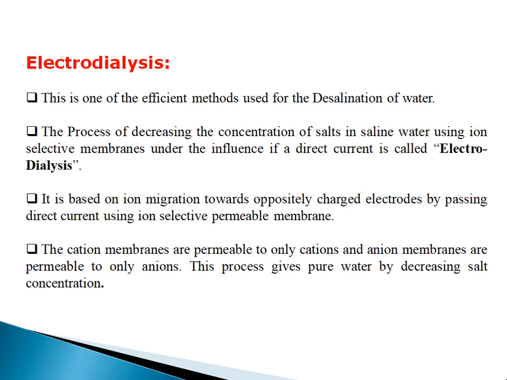This method is based on ion migration towards oppositely charged electrodes by passing direct current using ion selective permeable membranes. In this, the cation membranes are permeable to only cations and anion membranes are permeable to only anions. Finally, this process gives pure water by decreasing salt concentration.